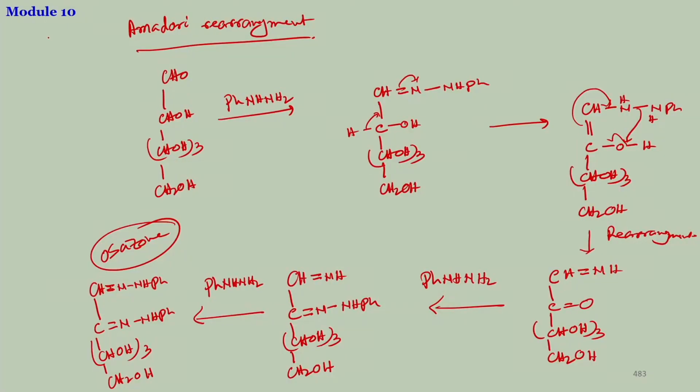So, we are discussing module 10 about the carbohydrates, the various applications as well as the chemistry of different carbohydrates that occur in nature. And we have seen how the carbohydrates can be of different types.